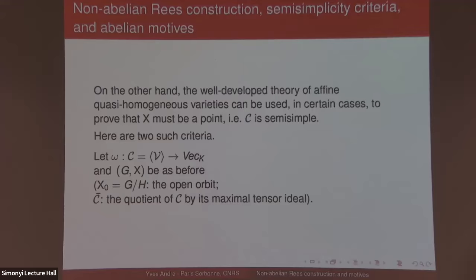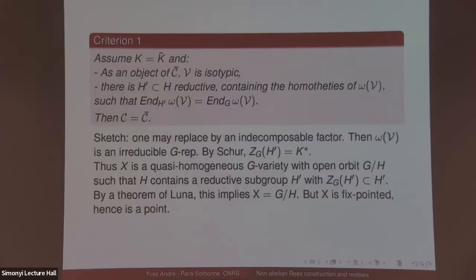Same notation as before. So the first criterion assumes that K is algebraically closed of characteristic 0. And there are two assumptions. First, as an object of C bar, the quotient category, this basic object B is isotypic.